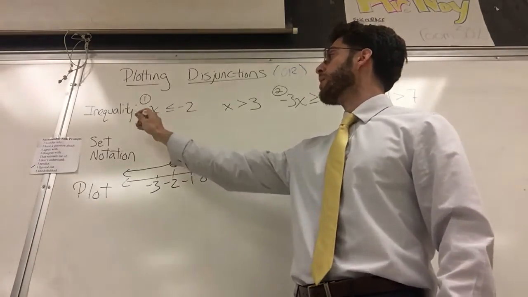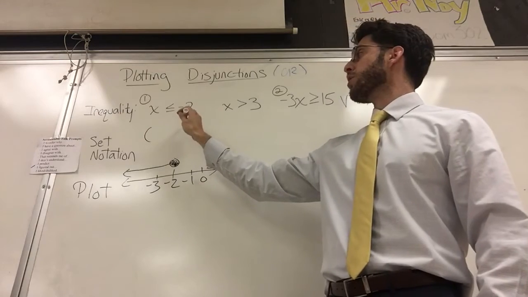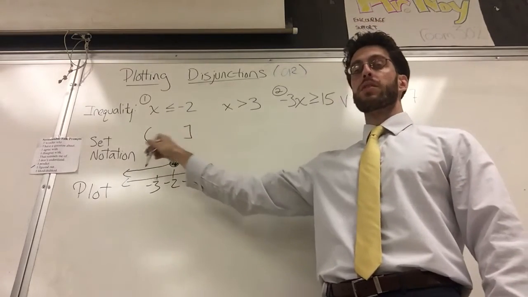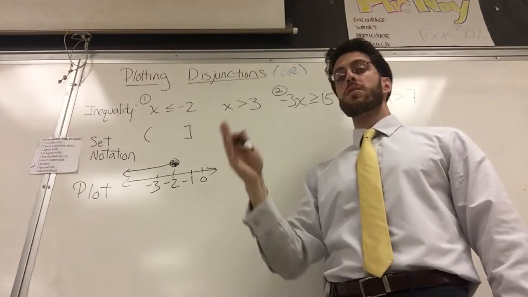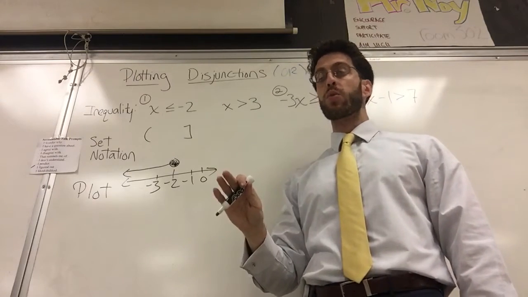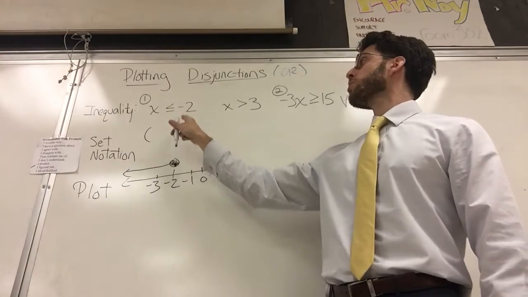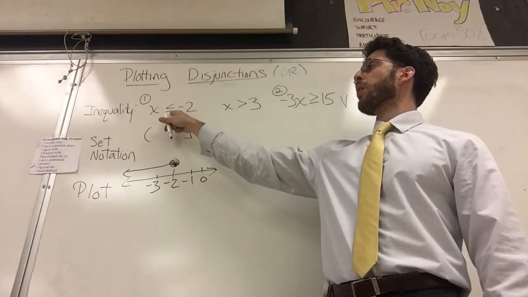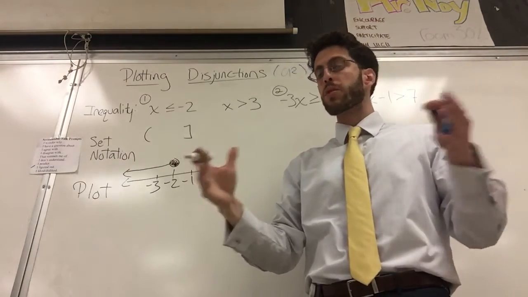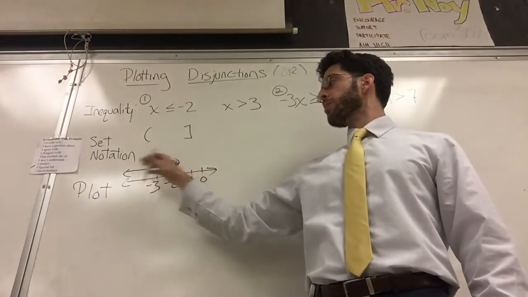How do you do a set? Parentheses or brackets. Parentheses means you don't include the value. Brackets mean you do include the value that's inside of those. So this equal sign means I want to put all the numbers that this arrow represents.